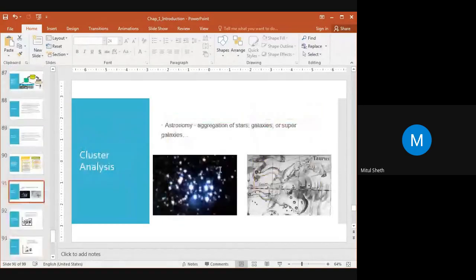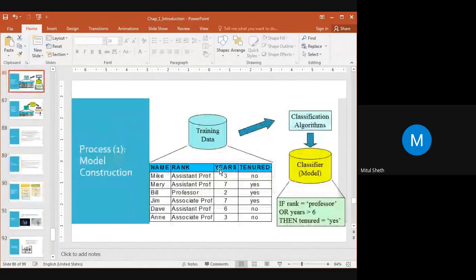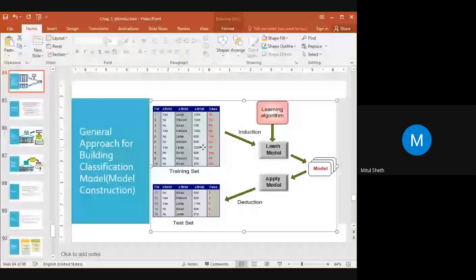Next is cluster analysis. Obviously, the question comes up: sir, we do not have this type of data. Suppose training data is not available to you. At that time we cannot use the classification model, because any classification model uses the supervised approach.